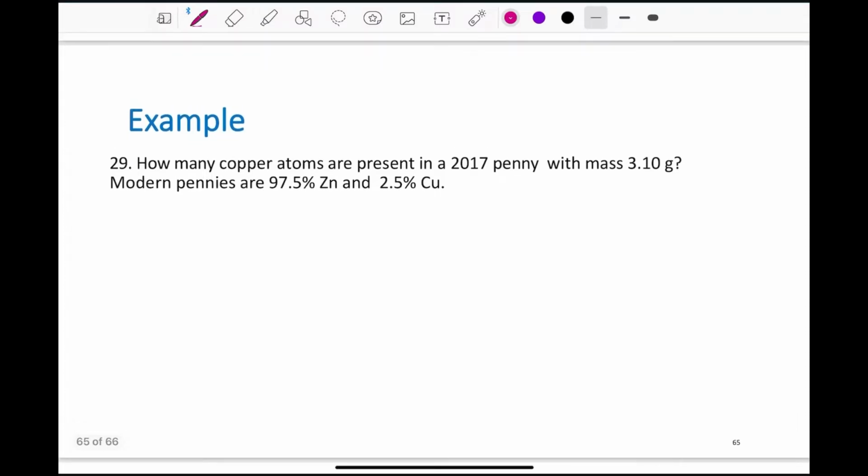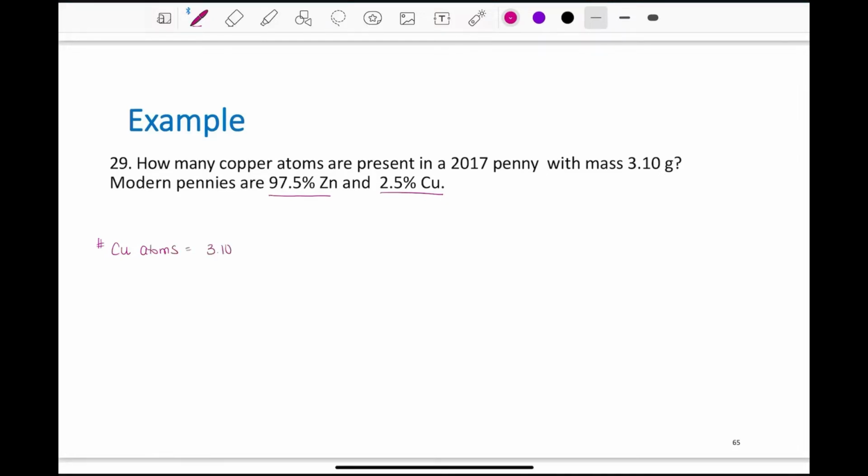How many copper atoms are present in a 2017 penny with a mass of 3.10 grams? Modern pennies are 97.5% zinc and 2.5% copper. So I want to know the number of copper atoms.